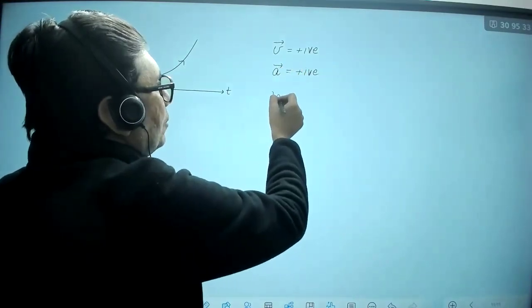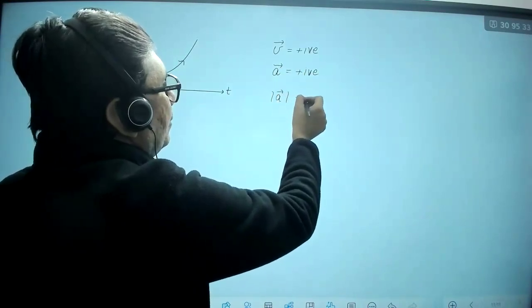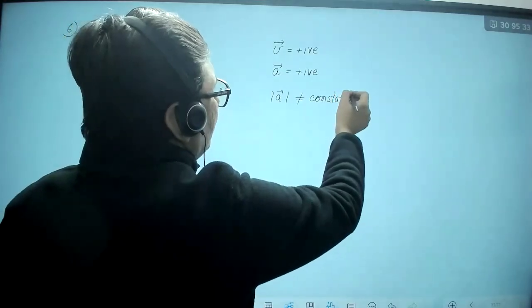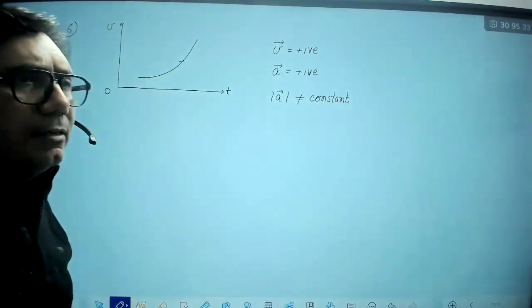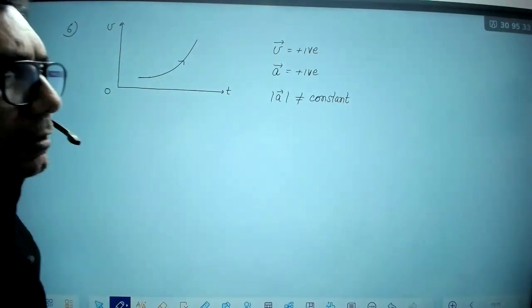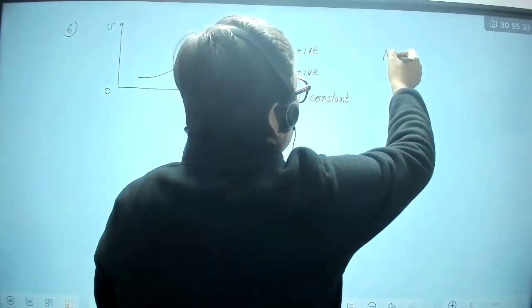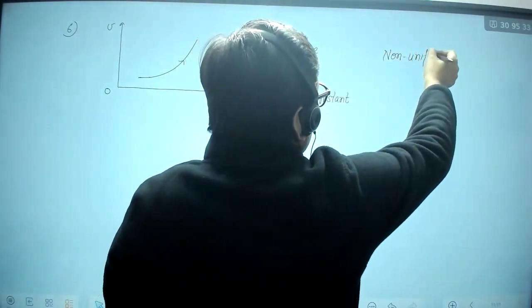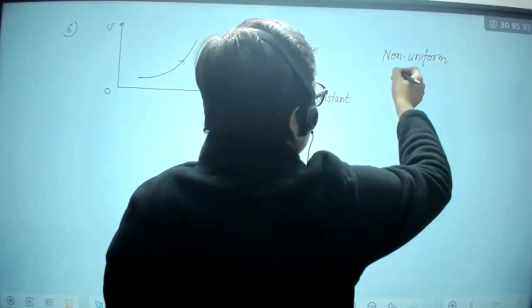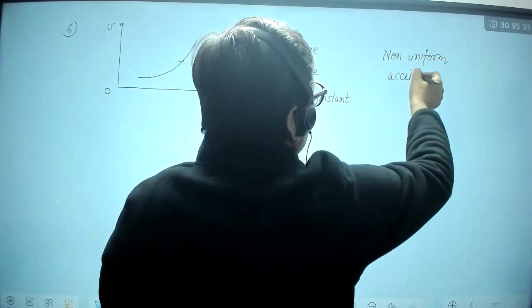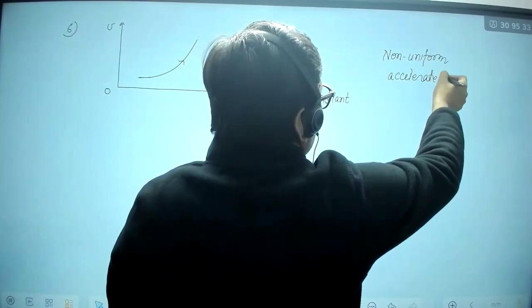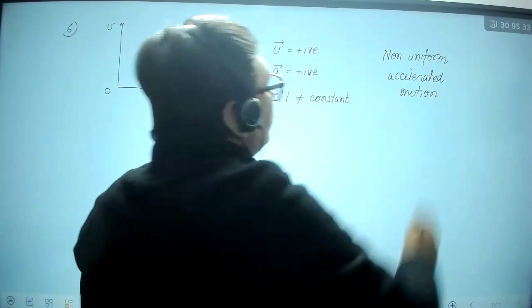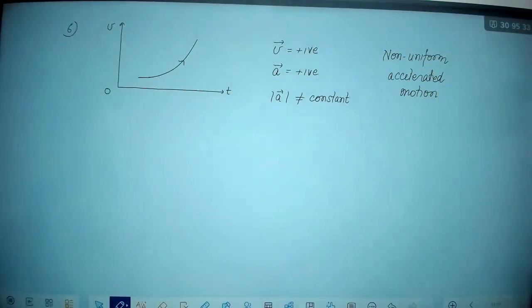Acceleration is not constant. Slope is changing everywhere. So you can say this is a non-uniform accelerated motion.